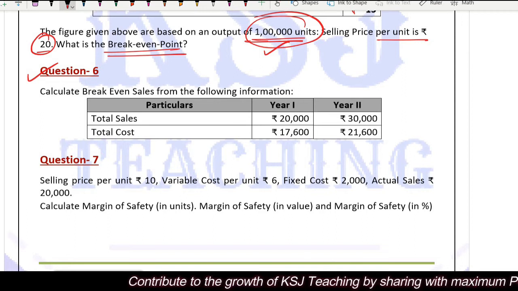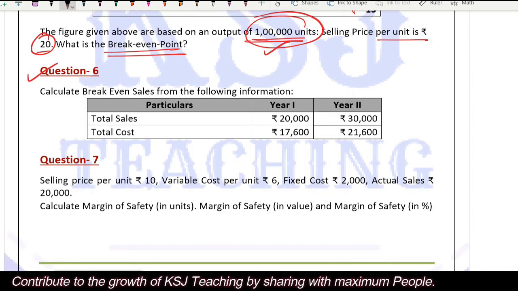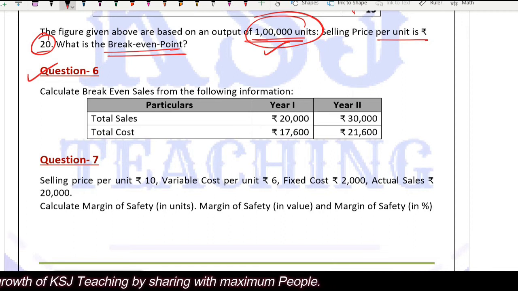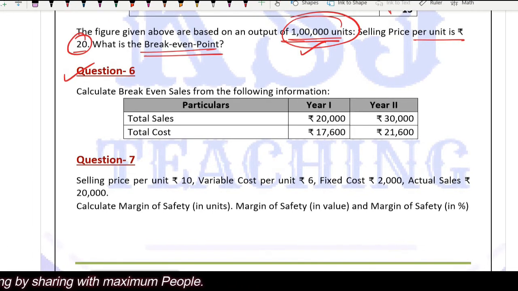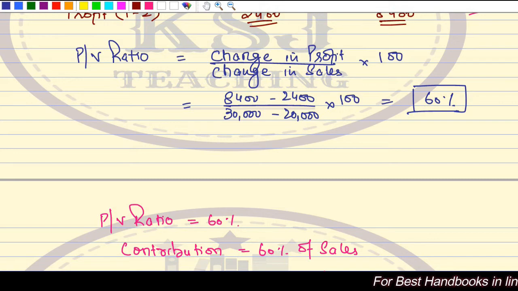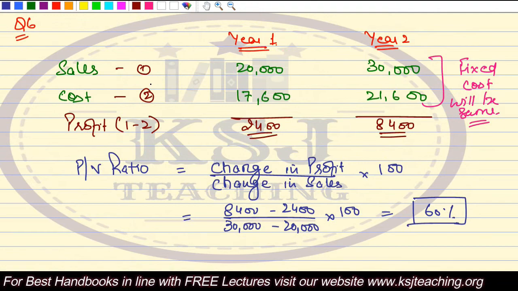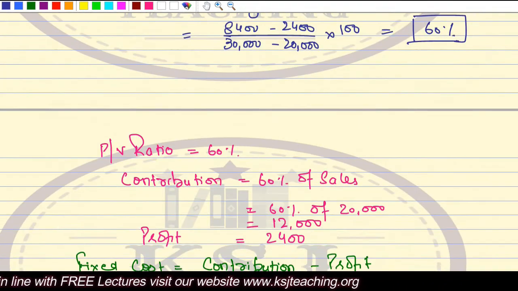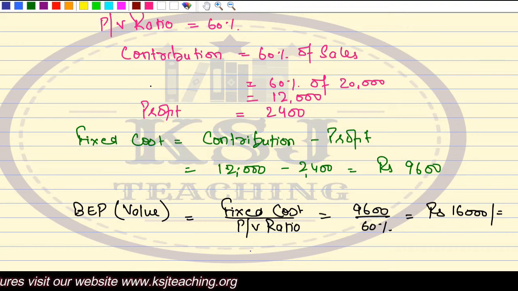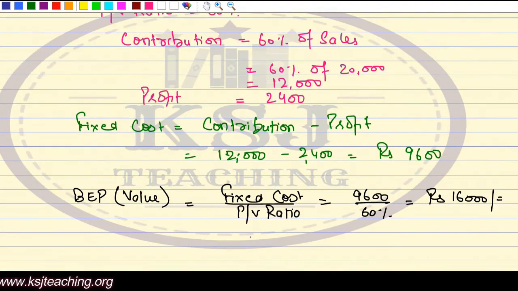But when you look deep into the solution, you will find out that there are a lot of calculations to be done. First you will have to think how it is to be done. First we calculated profit, then we calculated PV ratio, then we calculated fixed cost using contribution and profit, then the break-even value.